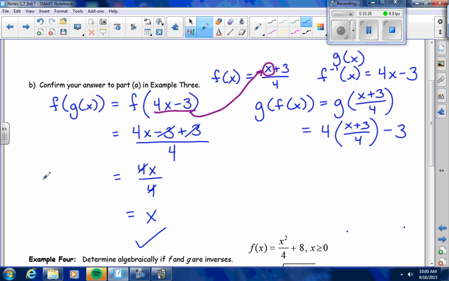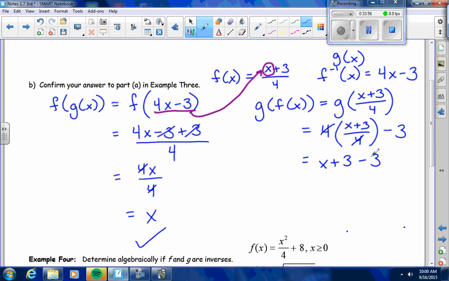Always important to remember PEMDAS, order of operations: parentheses, exponents, multiplication and division, and then adding and subtracting. So parentheses, inside the parentheses cannot do anything. No exponent, so now I look at the multiplying. 4 times (x plus 3) over 4. What happens? 4's cancel, so we have x plus 3 and then minus 3 on the end.